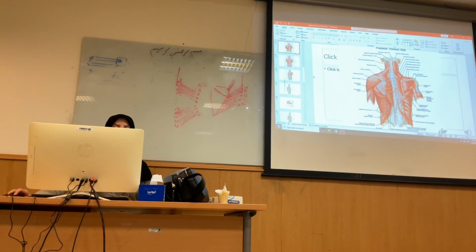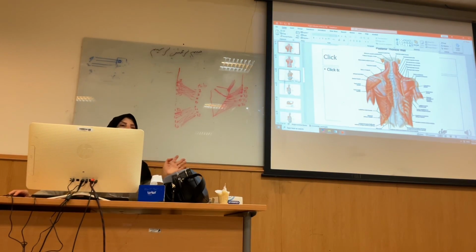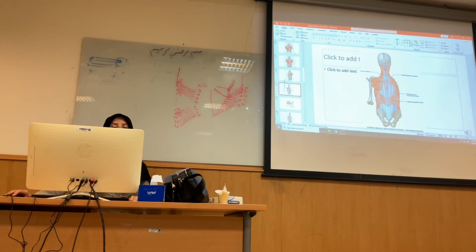Do you have any questions? No. We remove all of the muscles in the back to be able to show you this thoracolumbar fascia. Imagine you remove this serratus posterior superior and serratus posterior inferior too.